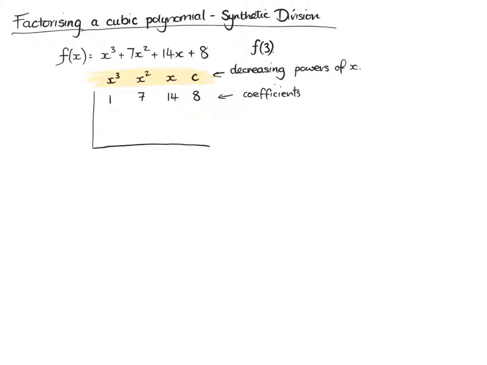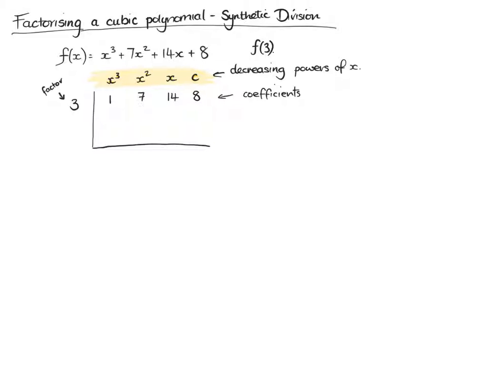Okay? Right, so we've got our coefficients, and what we need is the number we want to put in. So over here goes, it's not our factor, well it's the inverse of our factor, it's to do with our factor, it's the number we're putting into our function.